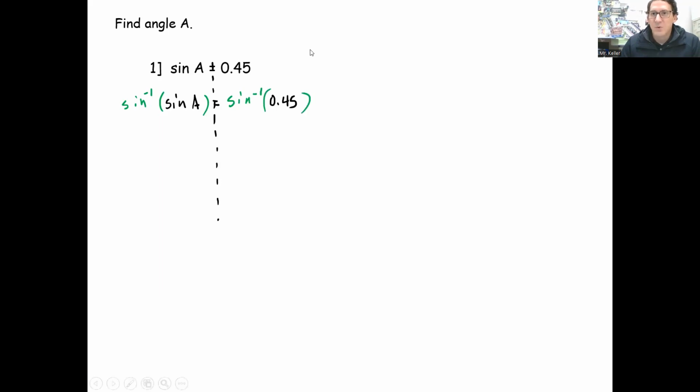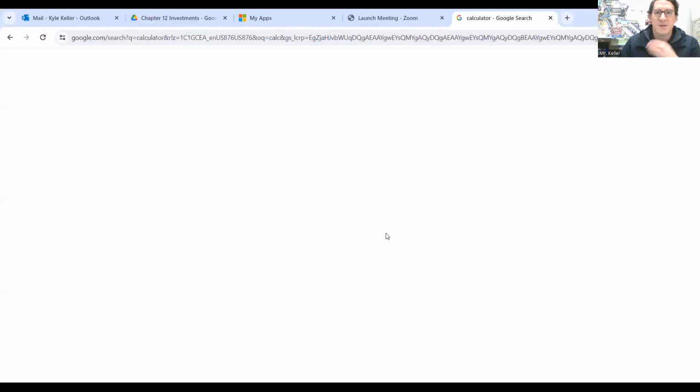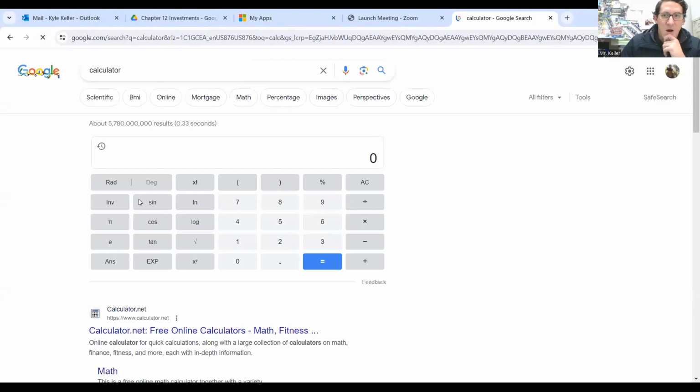So here we use a calculator. Let me bring up a calculator so you can see what's going on. With this calculator, you can see the sine, cosine, tangent functions. We want to make sure it's in degree. We talked about that last lesson. Make sure your calculator is in degree. To find the inverse on this one, there's an inverse button here.